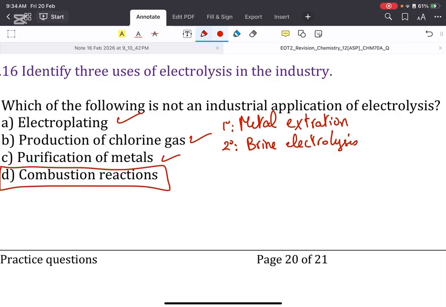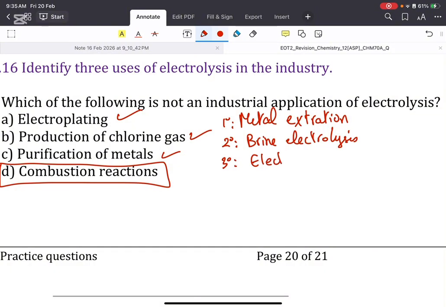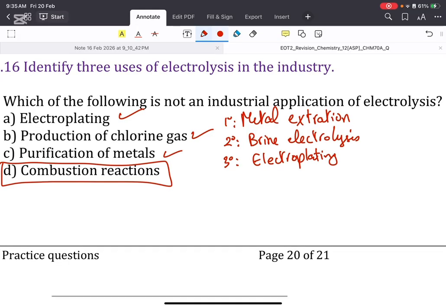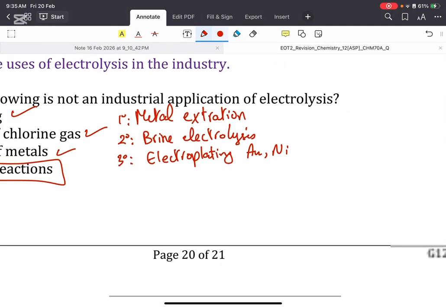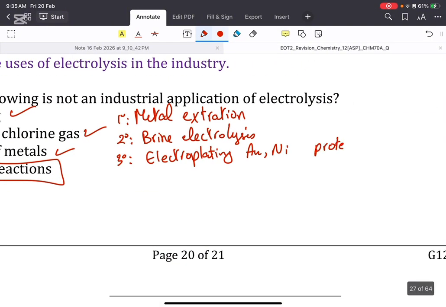For example, brine electrolysis of aqueous sodium chloride. Other industrial applications: electroplating, like we electroplate with gold. We plate a metal with gold or with nickel, so it's like a protective coating, protecting a metal from corroding.